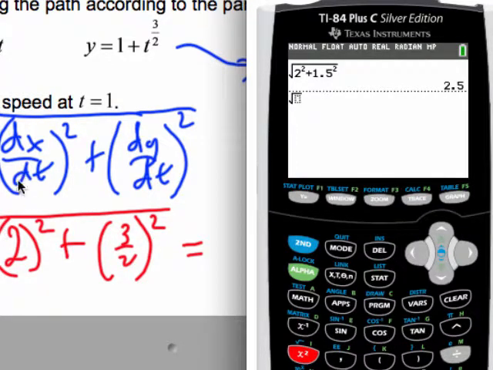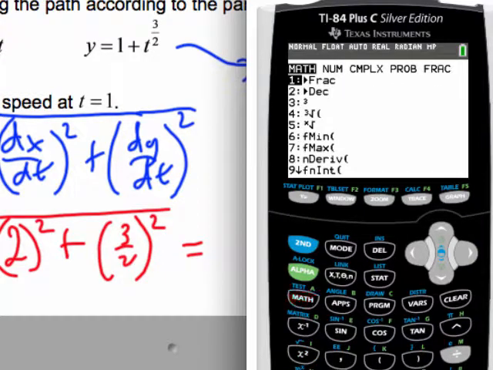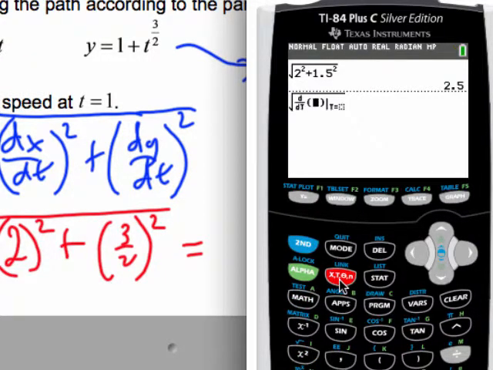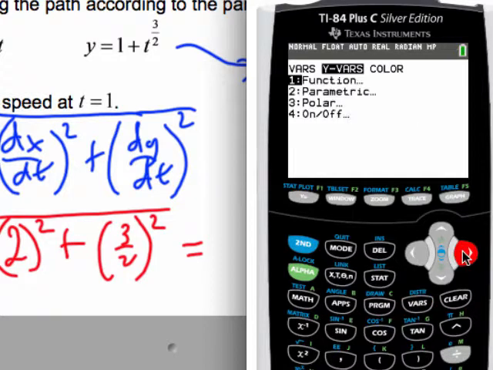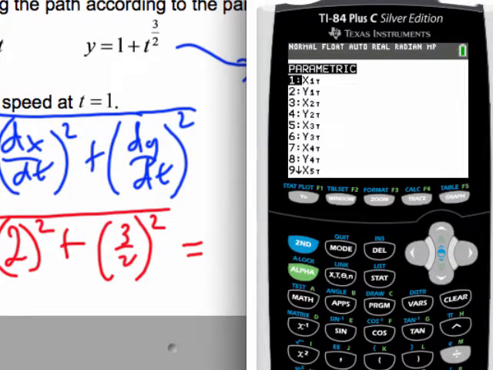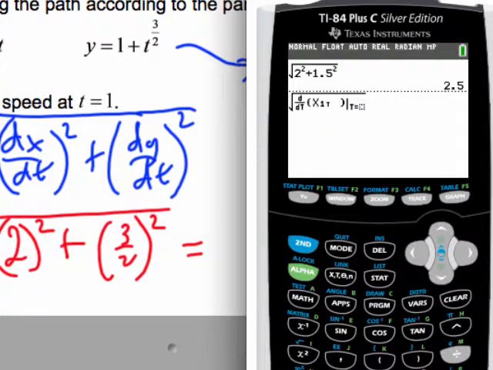You do the square root of, now to get the derivative of x with respect to t, you would just go to Math, 8, and derivative with respect to t of, this is the x of t equation that I need, the derivative of that. So I can get that by going Variables, Y-Vars, Parametric, and then X1T, which is where I've got that stored.